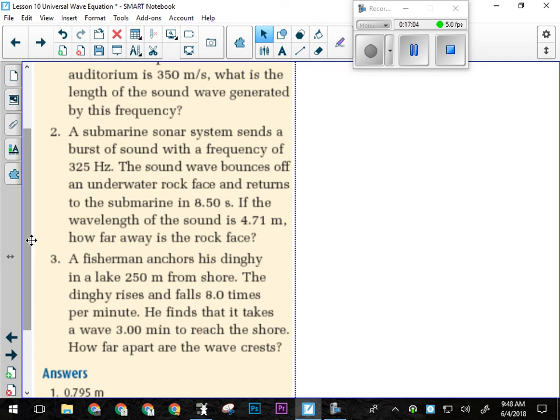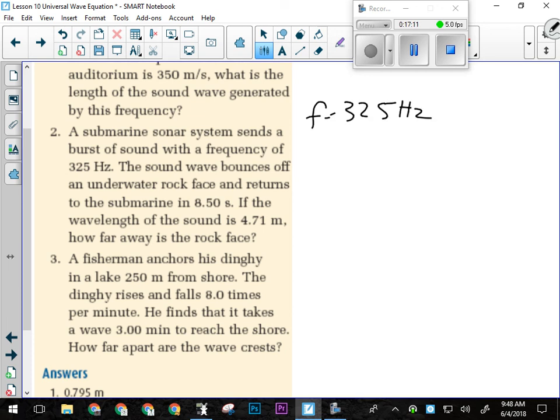Okay, so in this case here, we have the frequency. The frequency is 325 hertz. And then it returns to the submarine in 8.5 seconds. So we really just want the time to the rock face. So we just need 4.25 seconds because that's how long it takes to get to the rock face. The wavelength, lambda, is 4.71 meters.